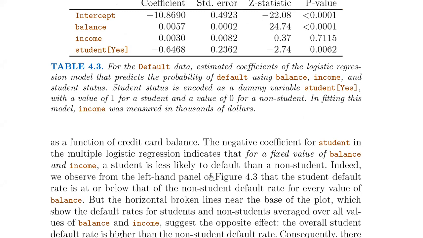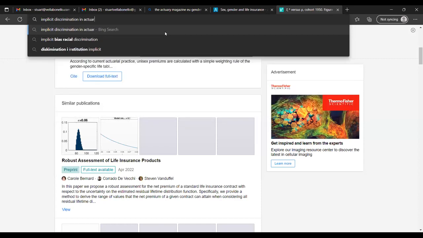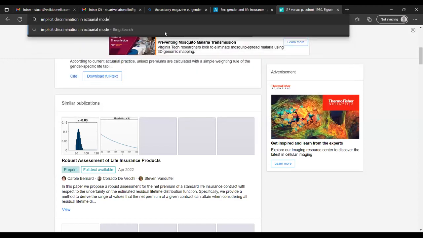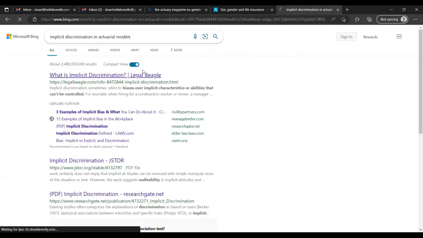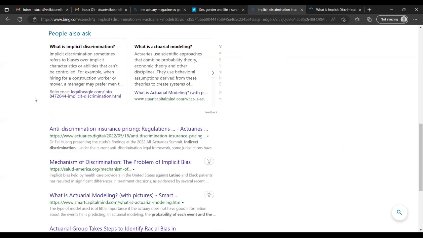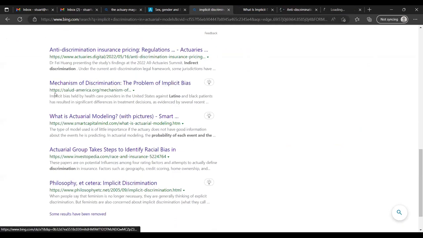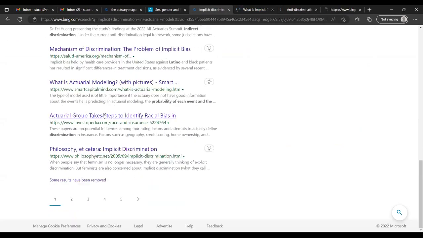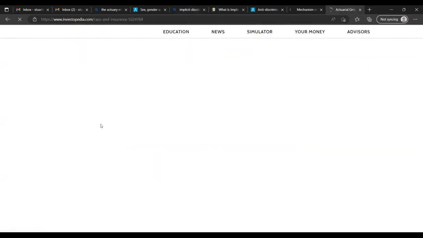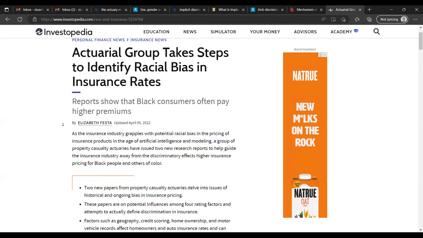implicitly. What if I typed implicit discrimination in actuarial models? Actuarial group takes steps to identify racial bias in insurance rates.